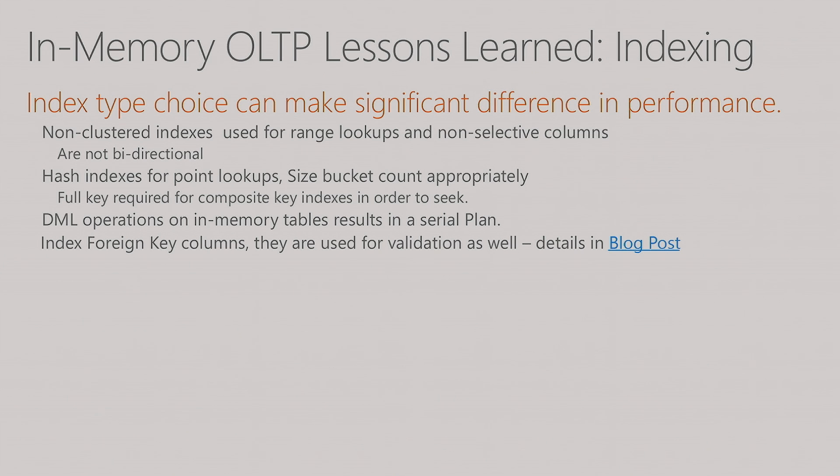DML operations on in-memory tables. One of the use cases of in-memory tables is to be used as staging tables in an ETL load. Memory optimized tables can have no logging, schema only, or can be fully durable. And so they're touted a lot on the ETL side. And they're great if you're doing a dump in a staging table and transferring a bulk of that over. But remember that those plans are serial.